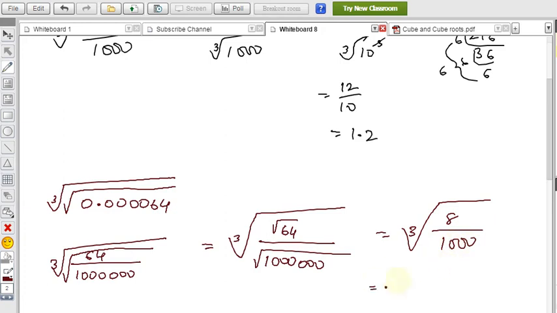Now cube root of 8 by cube root of 1000. Cube root of 8 is 2, cube root of 1000 is 10. 2 by 10 is 0.2. First find the square root, then find the cube root. 0.2 we will get.